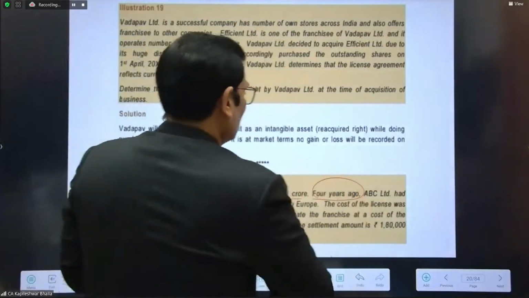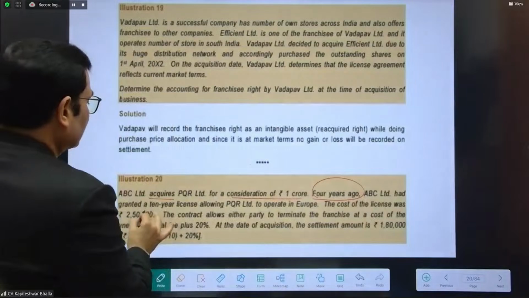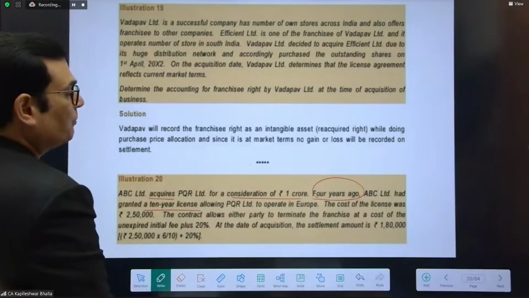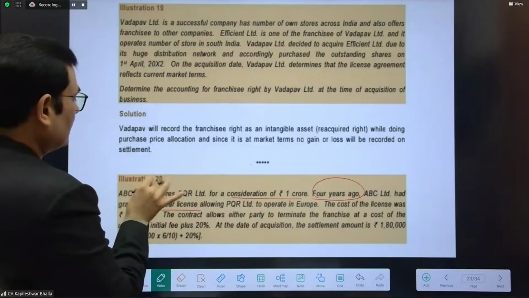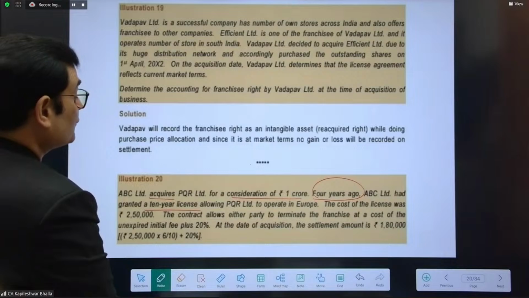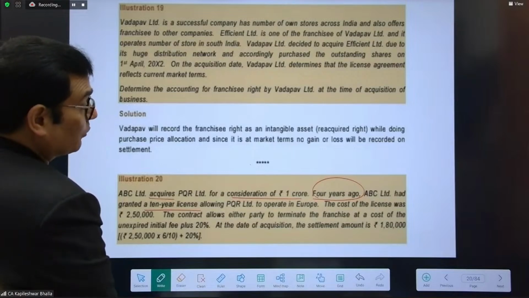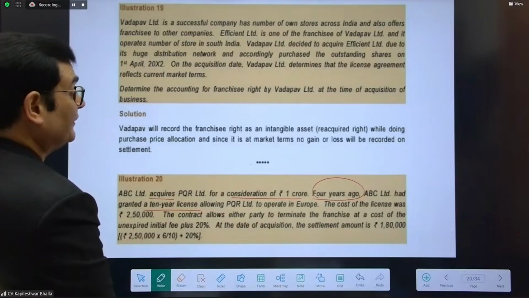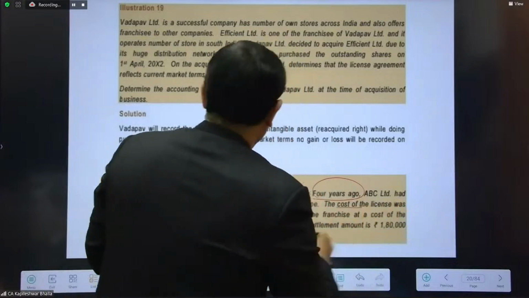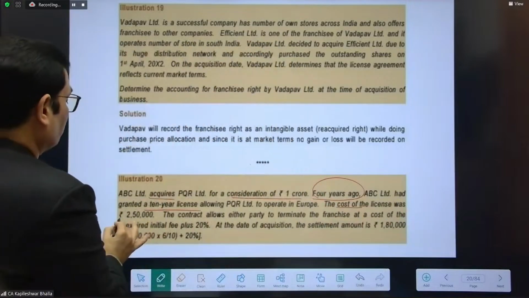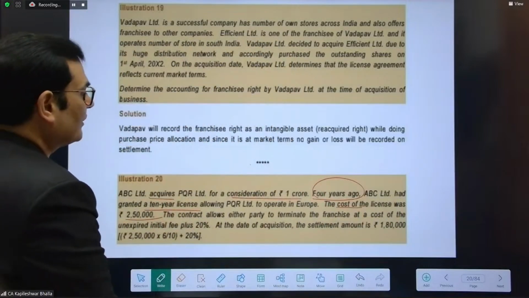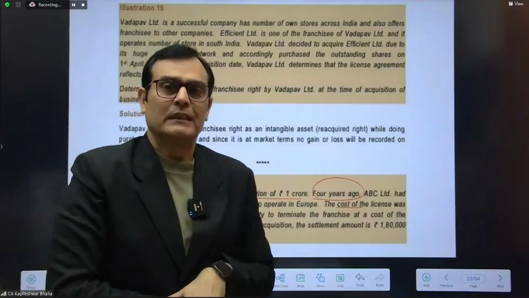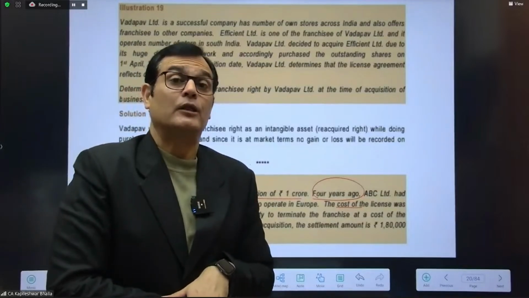Four years ago, ABC granted a 10-year license to operate in Europe. ABC gave PQR a license 4 years back where he gets a right to operate in Europe for a period of 10 years. The cost of that license was 250, so PQR must have recorded an intangible asset under Ind AS 38 at 250.